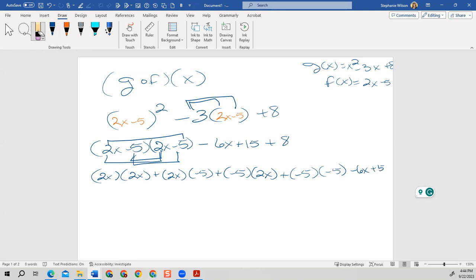Actually, before we do that, let's put the 15 and 8 together. You see this here. It says we have $15, and then we deposited $8 more. We have 23, so it's a +23. Now let's go ahead and put these together. 2x times 2x is 4x squared.